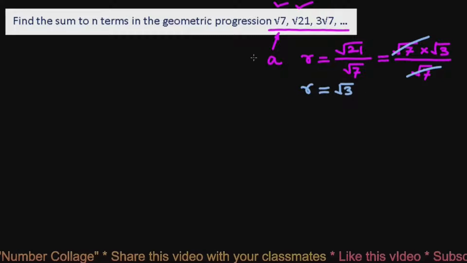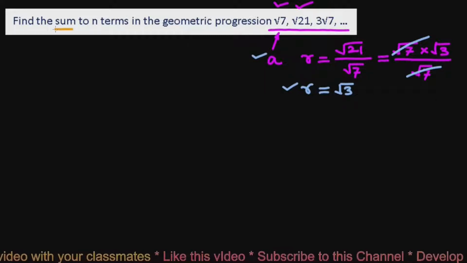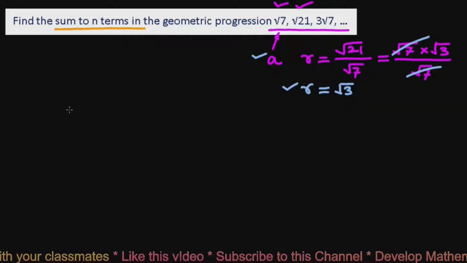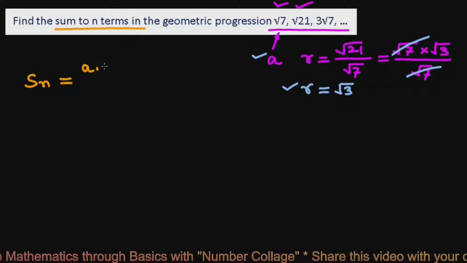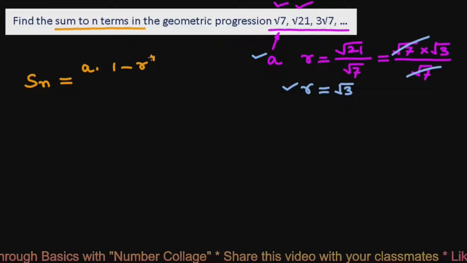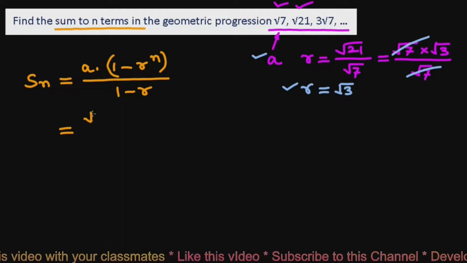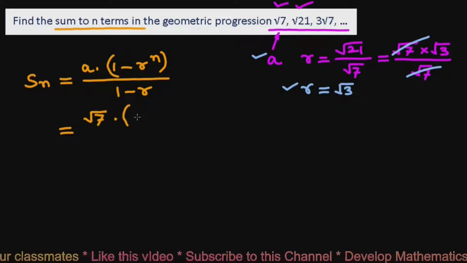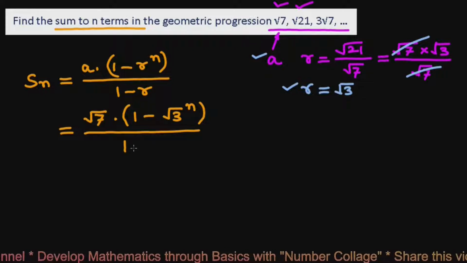Now with the help of the values of a and that of r, we will write the sum of n terms of this GP. We write the formula Sn equals a into 1 minus r power n upon 1 minus r. We will substitute the values: root 7 multiplied by 1 minus root 3 power n upon 1 minus root 3.